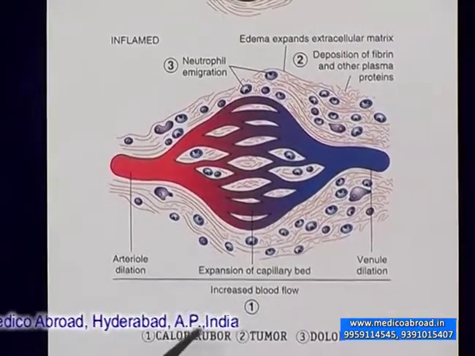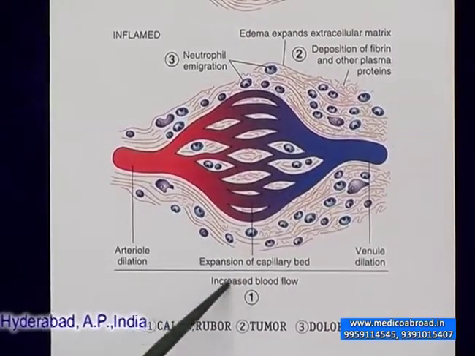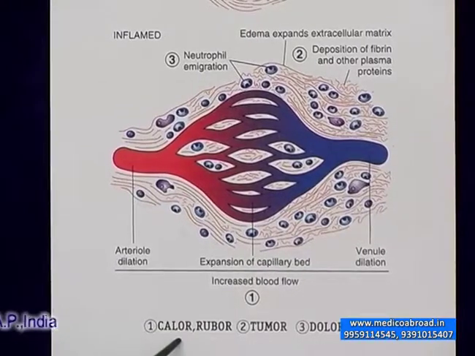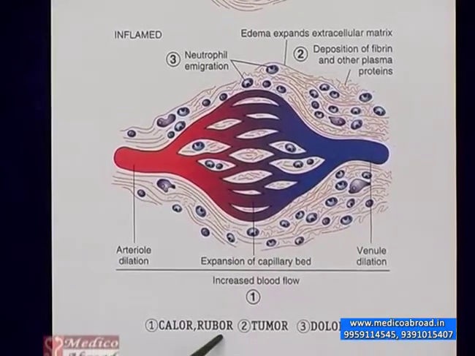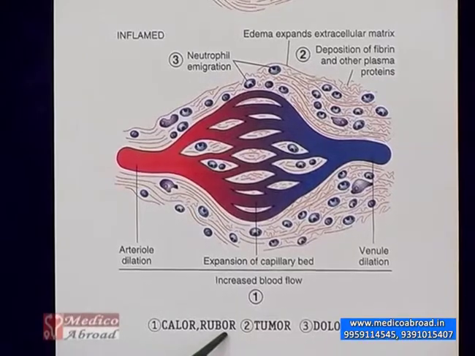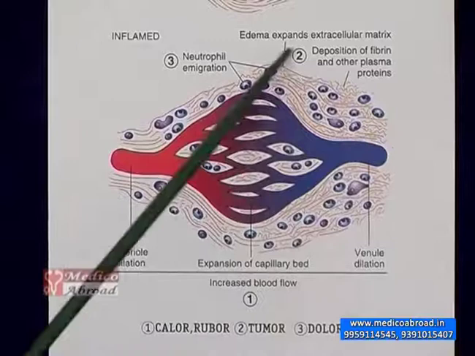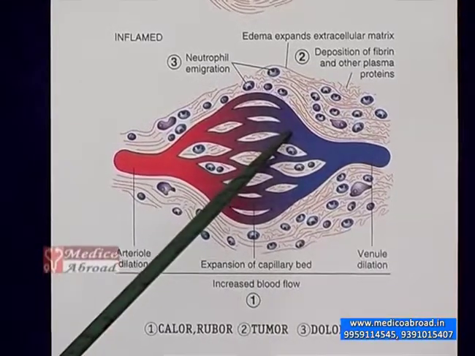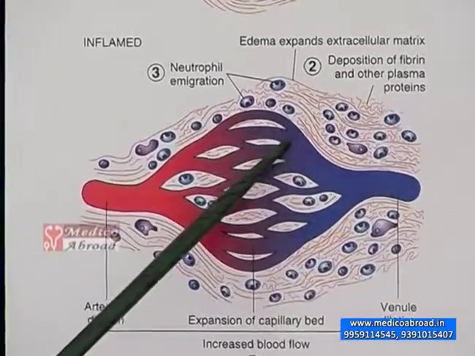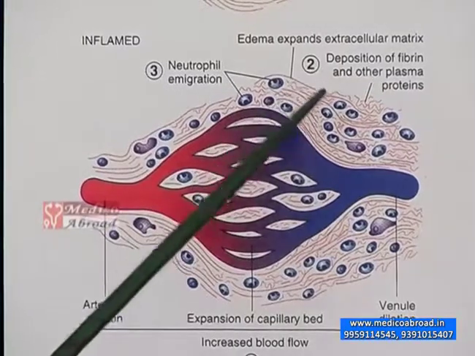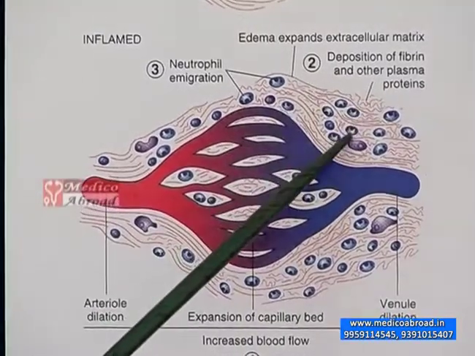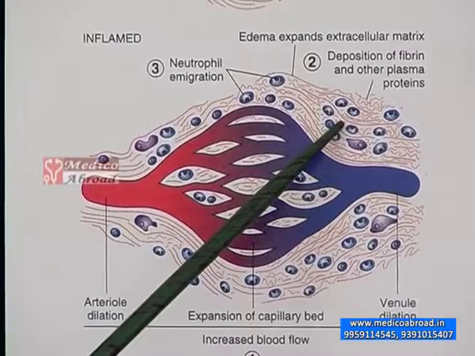1. Calor and rubor. That is because of increased blood flow. Calor is increase in temperature. Rubor is increase in redness or erythema. 2 is increase in size of the swelling. That occurs because of increased vascular permeability and accumulation of plasma proteins and cells in the extracellular matrix.